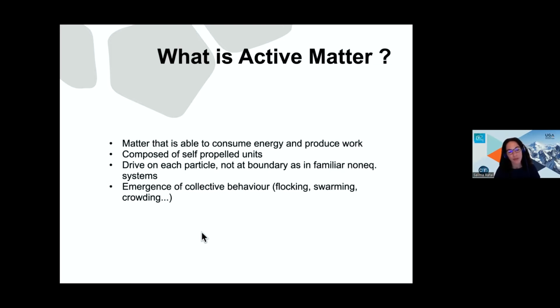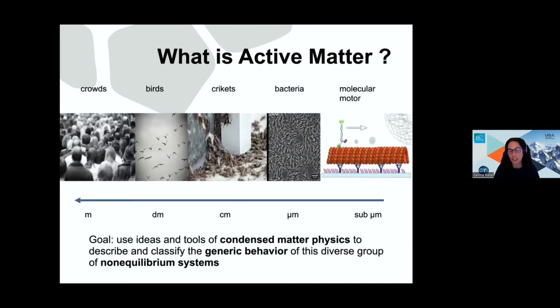And very often there's an emergence of collective behavior in those systems, such as flocking and swarming. So with this very broad definition, we can think of many systems ranging from meter scale, such as crowds, to sub-micrometer scale, such as molecular motors in the cells. As soon as self-propelled units are composed, this is a new kind of matter.